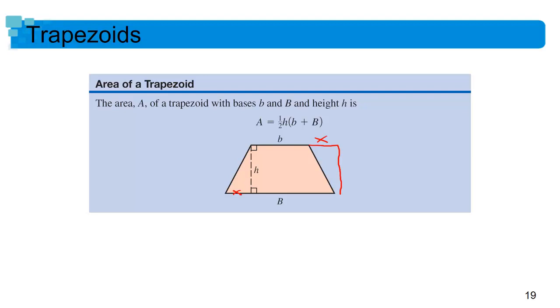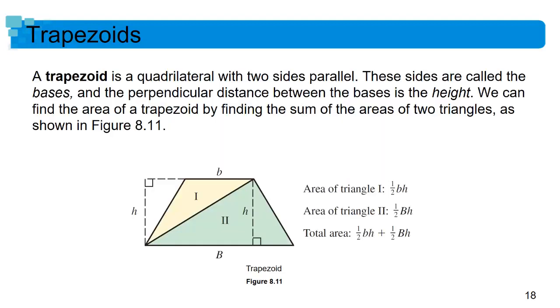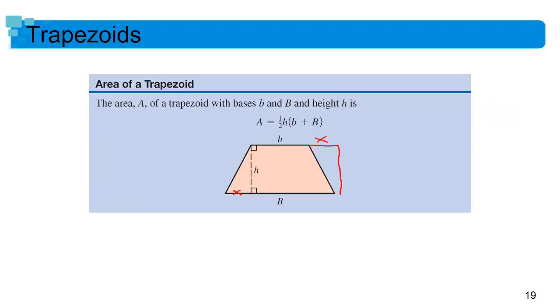So that's how we're getting, right, because each of these is 1/2, right? Each of the triangles is 1/2 of something. So there's your 1/2 height times the sum of the two bases. So it's kind of like, adding the two bases is making the rectangle twice as big, and then you cut it in half to get it back down to the size of the rectangle.